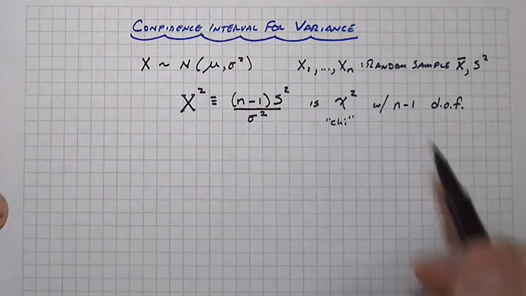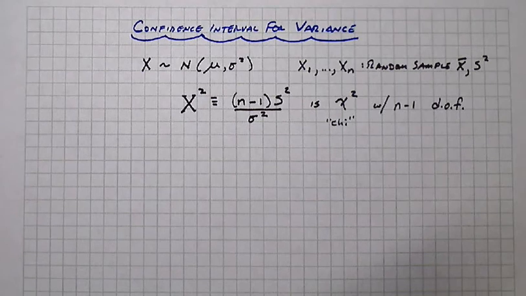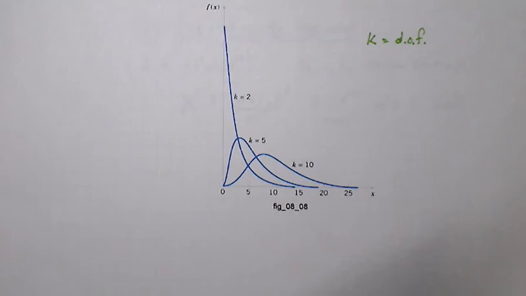But one of the things I want you to do is really just have a sense of the kind of shape that we have. So let's go back to our text, figure 8.8. Note that we've got three different curves plotted, each with different degrees of freedom.